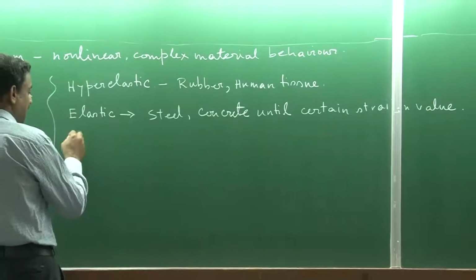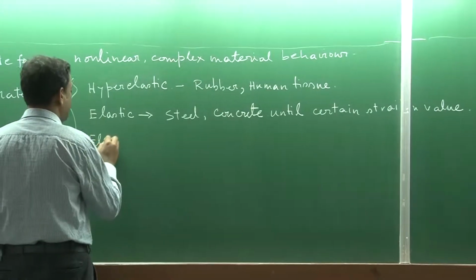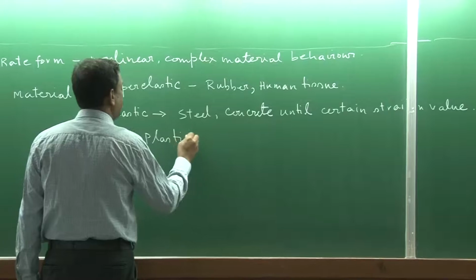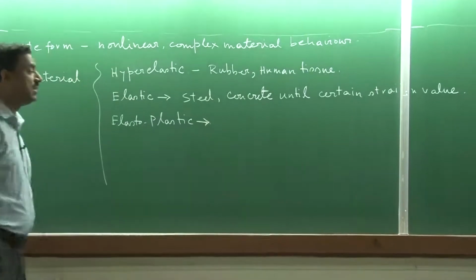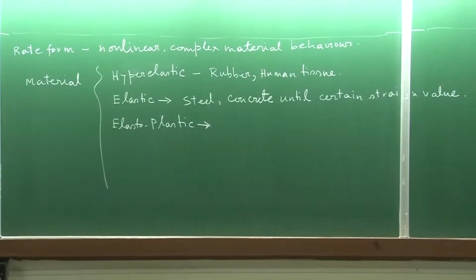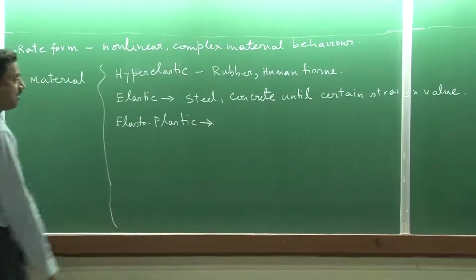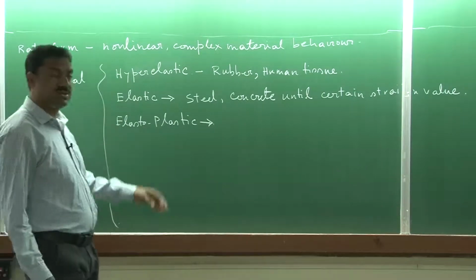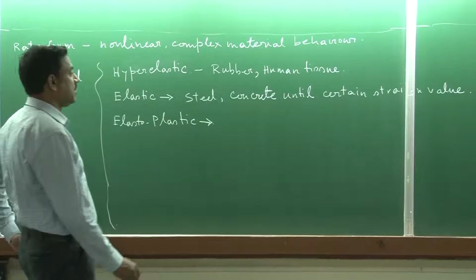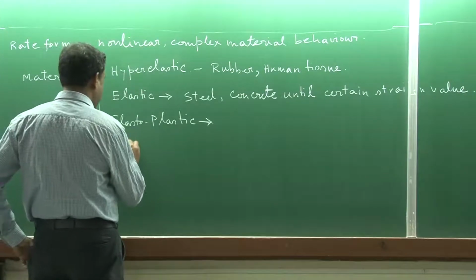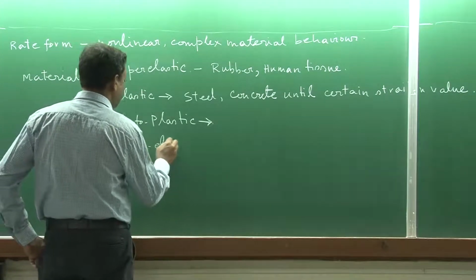And then after elastic it can be elastoplastic, which means if you go beyond a certain strain level, then it will yield. There is a separate subject for that. Okay.